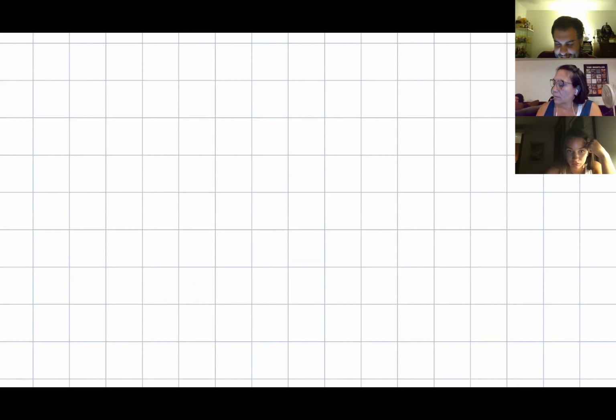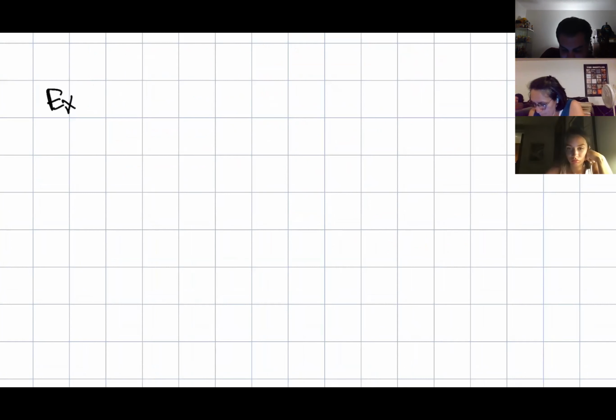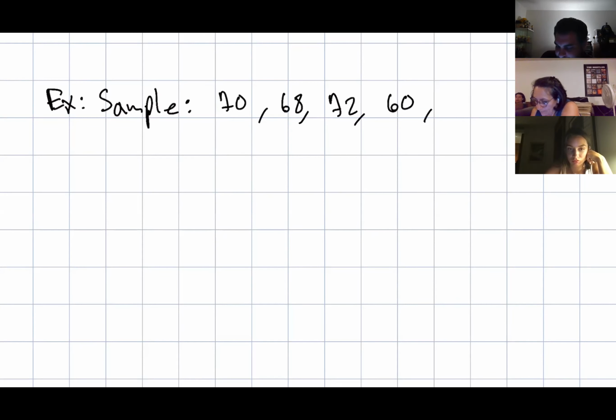All right, so for standard deviation, let me make up some numbers. We'll say this is a sample. Cool, so say that's our data set, and I tell you this is a sample.